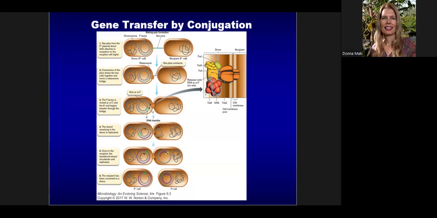Then you see how it's retracted and brought the recipient close, and very close here. You can see that you have a nice tunnel system now with the transfer of DNA initiated through that. And the thing to pick up here.